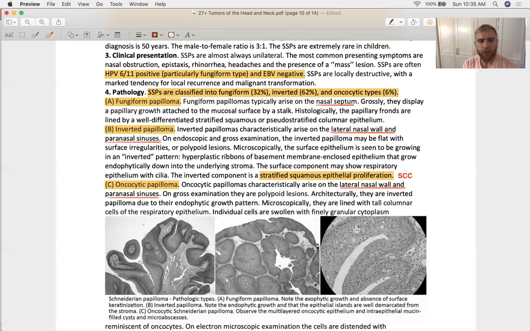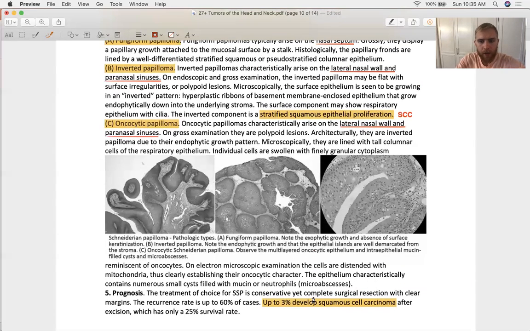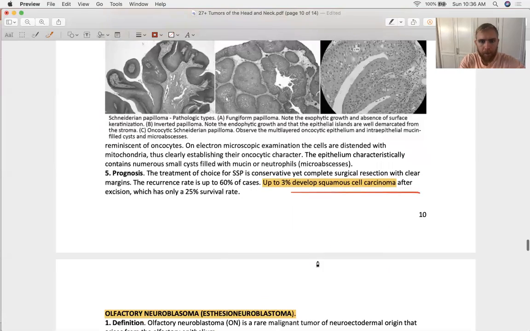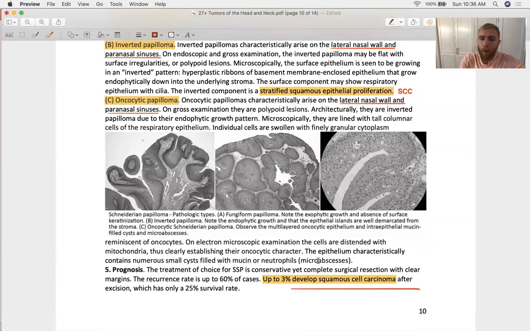SSPs are locally destructive with a marked tendency for recurrence and malignant transformation. And specifically, they like to grow into squamous cell carcinoma, which is bad, bad, bad because of its anatomical location in this case. Again, right in the middle of your skull. Now, we said earlier, normally squamous cell carcinomas are pretty benign because they don't metastasize, right?